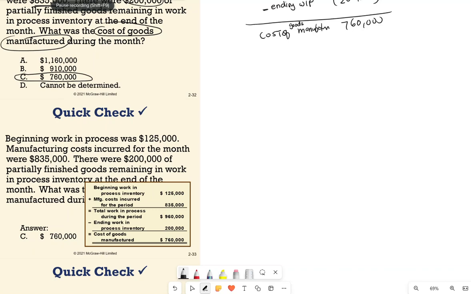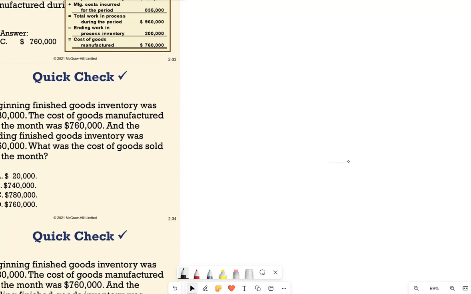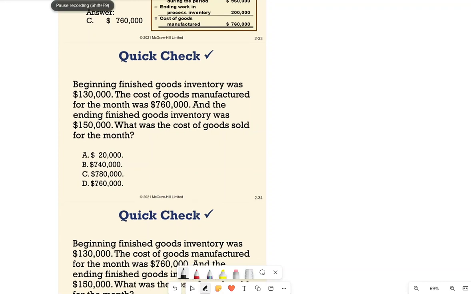Now going further, once you've manufactured it, it goes into your finished goods. So we have a finished goods inventory, beginning finished goods inventory. They told us it is 130,000.